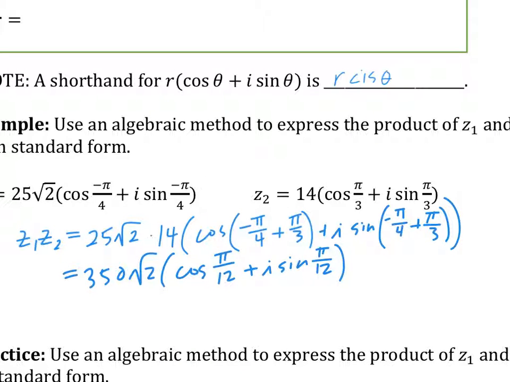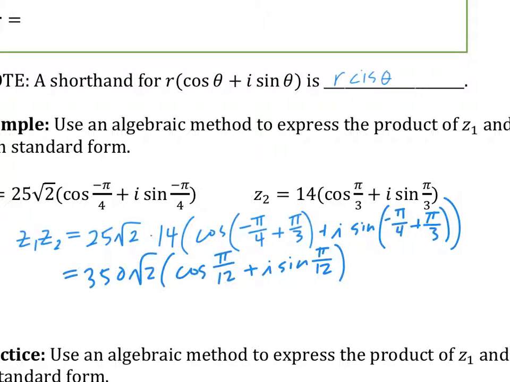All right, at this time, what you want to do is just check back at the question to see what they really want you to find. They said that they want you to use an algebraic method to express the product of z1 and z2, which we did. We multiplied z1 and z2.